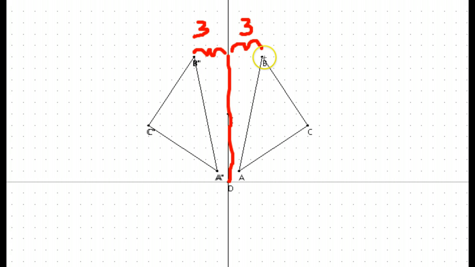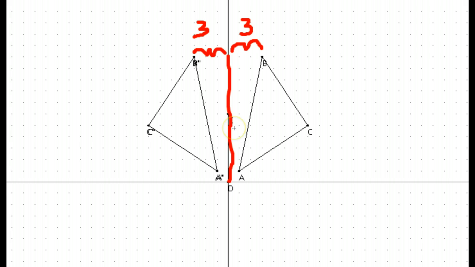So it started at this point, at a distance of 3 from the y-axis. But when you reflect it, the new image is still a distance of 3 from the y-axis, except it's 3 units to the left of the y-axis on this side, whereas in our original image it was 3 units to the right of the y-axis.